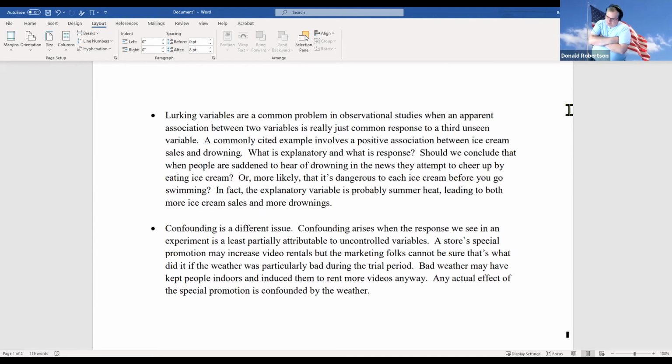During the summer, you eat a lot of ice cream. During the summer, you probably swim more. The more times you swim, the more opportunities to drown. In the winter, you don't eat as much ice cream, and you probably don't swim at all, at least in lots of places. Can you imagine then that the number of people who drown goes down?